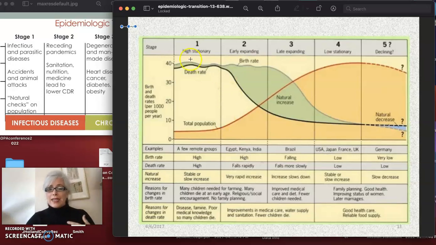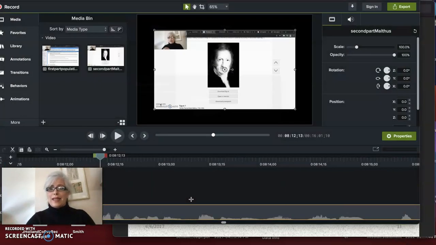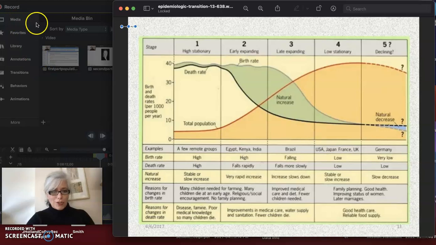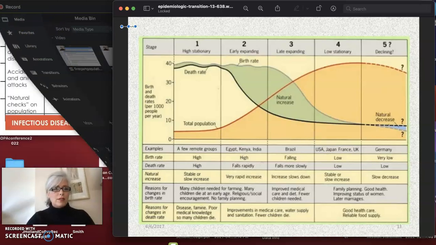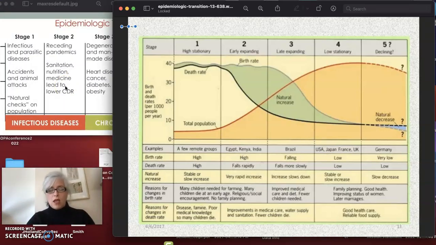And in this high stationary time, the demographic transition model mainly represents a period of agriculture, which has been part of human history for about the last 5,000, 6,000 years.